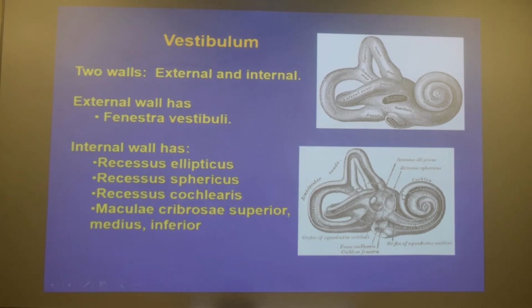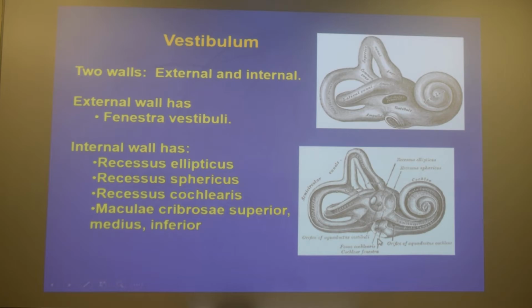Recessus sphericus means round, and recessus ellipticus means oval. So there is an oval window and a round window. This will make a bulging within the vestibule. You have the 5 openings of the semicircular canals, and you have an opening of the cochlear recess. This cochlear recess is going to open into the posterior cranial fossa.